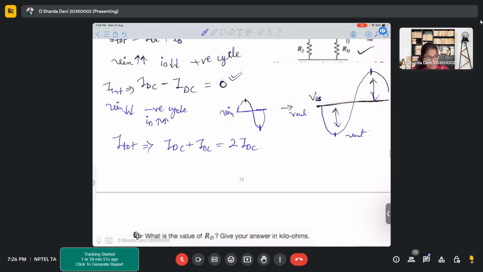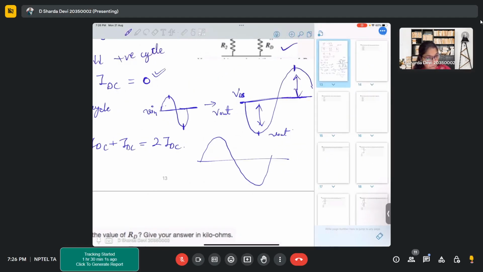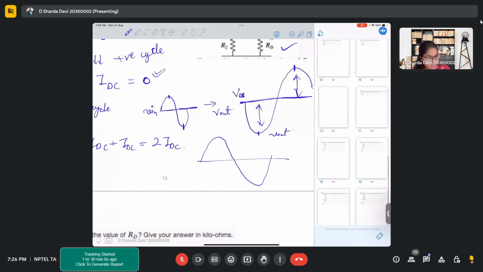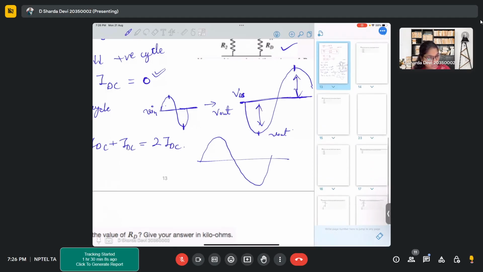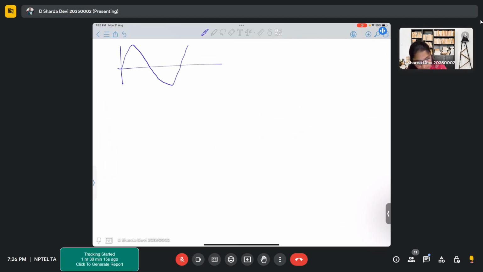When we talk about swing, swing is somewhat like this, right? And we are saying that we want the maximum possible swing. This is the swing that we are talking about. This is the DC bias point, let's say IDC.